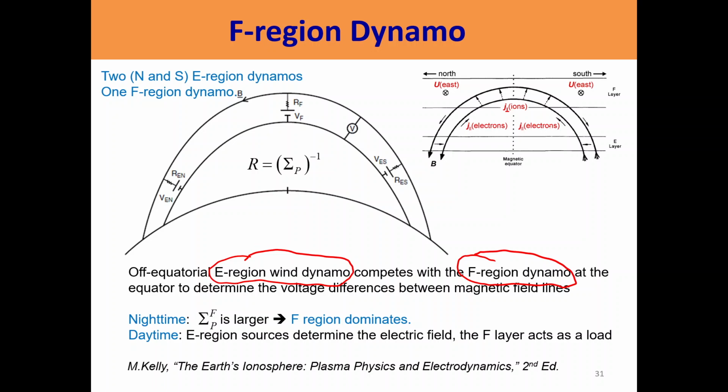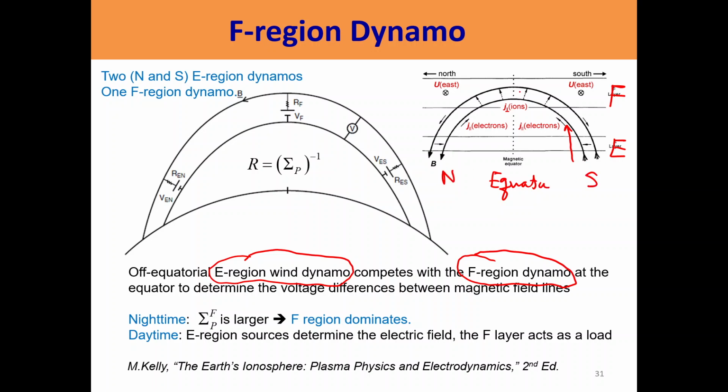What happens is the magnetic field line goes through both the E region and then the F region, right? So this is the F, this is the E. Magnetic field lines go through both the E region and F region and then come down. Here's the equator in this picture, and this is north, this is south.